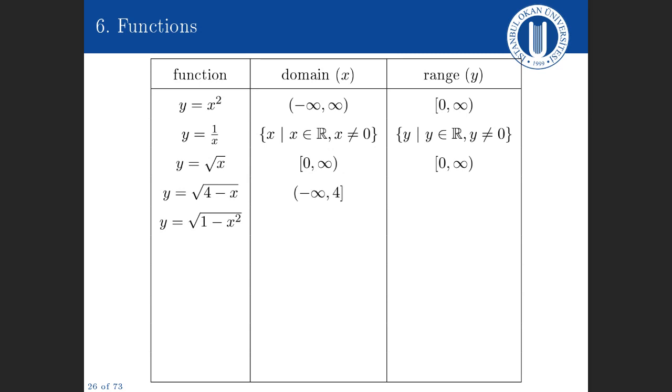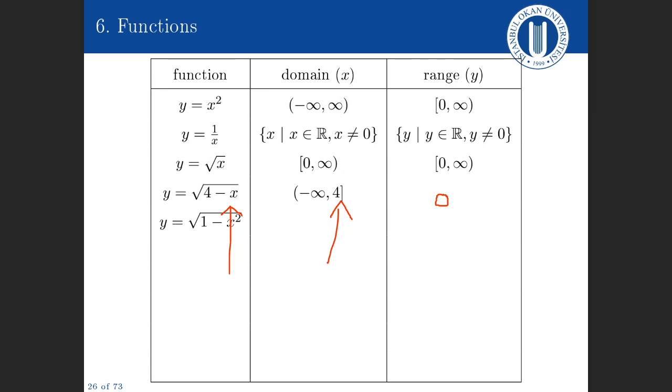Function number 4. Again, we can't take the square root of negative numbers, so the biggest domain we could take is minus infinity to 4. What's the value of y? Well, first of all, if we put x equal to 4, it's going to be the square root of 4 minus 4, square root of 0, or 0. So 0 must be in the range.